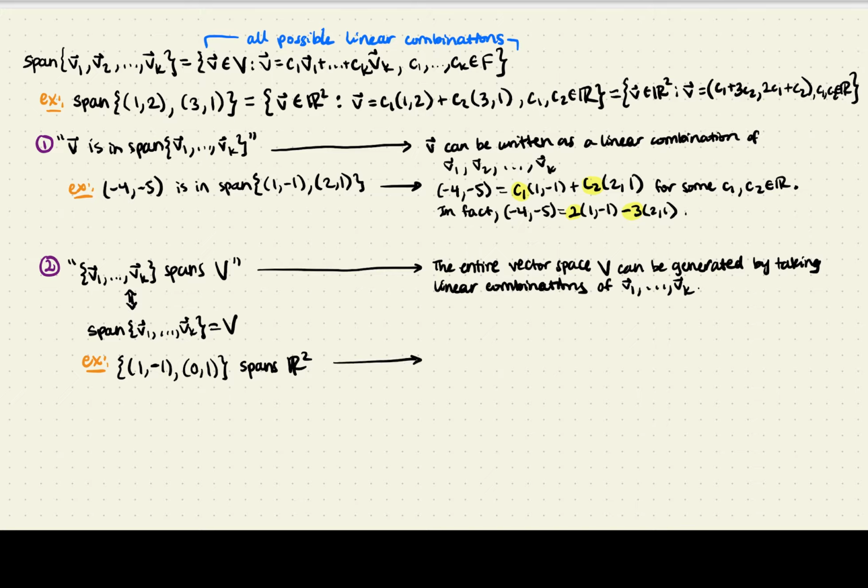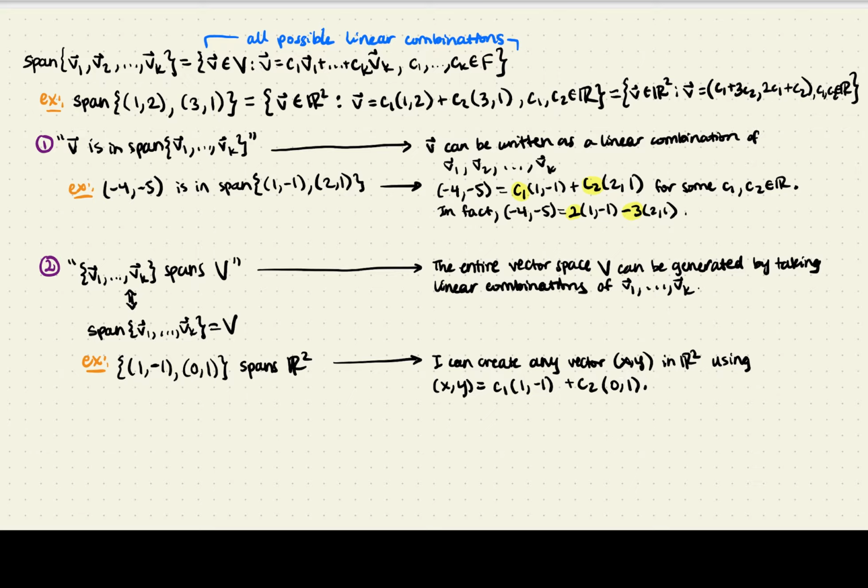Okay, so if I try to write out what that means, it means I can create any vector (x, y) in R2 by taking linear combinations of those vectors. So using a linear combination, (x, y) equals some constant times the first vector, (1, -1), plus some other constant times the second vector, (0, 1).